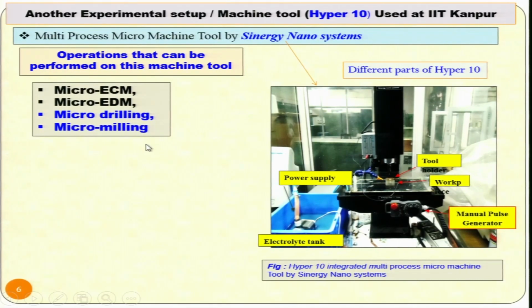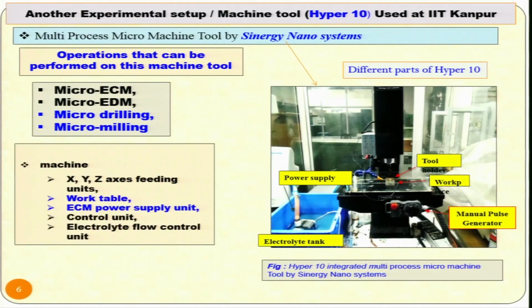Note it carefully that here you can perform micro drilling and micro milling also. They are not electrochemical micro drilling and electrochemical micro milling, rather they are conventional drilling and milling, which can also be performed on this particular machine. The machine has X, Y, Z axis, feeding units, work table, ECM power supply unit, control unit and electrolyte flow control unit.